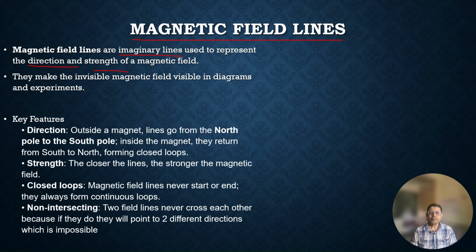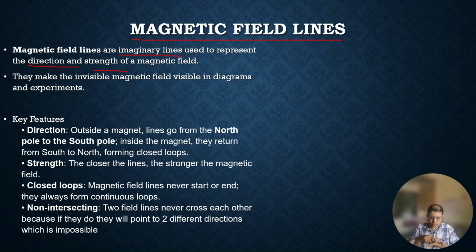So what are the key aspects of the magnetic field? One is when you have a magnet, the magnetic field is emerging from the north. If this is the north and this is the south, then the magnetic field will emerge from the north and converge into the south.